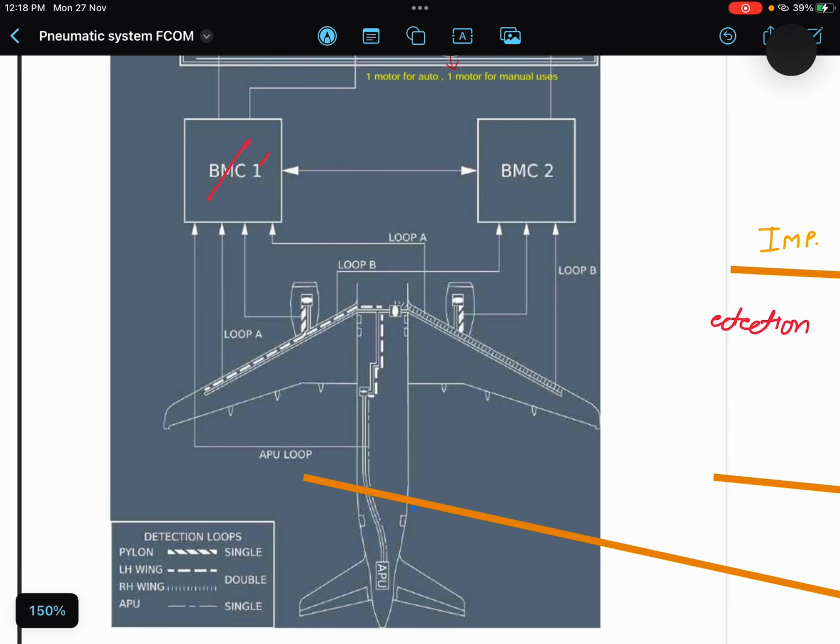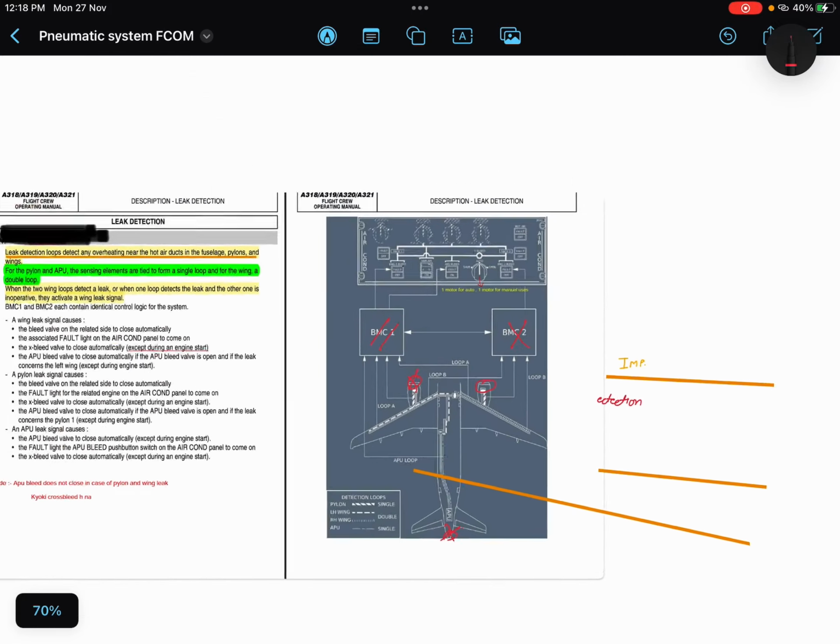Left engine and APU will not be available if BMC1 fails. If BMC2 fails, then the right engine warning is not available. But this is not the case for the wings. Wing leak is always available. Why? Because there are two loops and they are connected with both the BMCs, right?